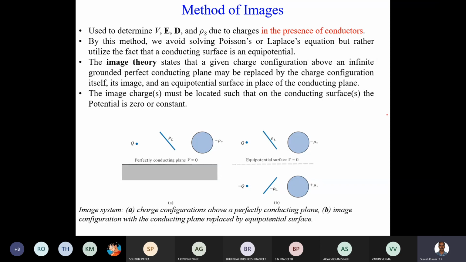So the first method is Coulomb's law, second is Gauss's law, then we use electrostatic potential, then fourth is the boundary value problem where we used Laplace and Poisson's equations, and the fifth one is the method of images.